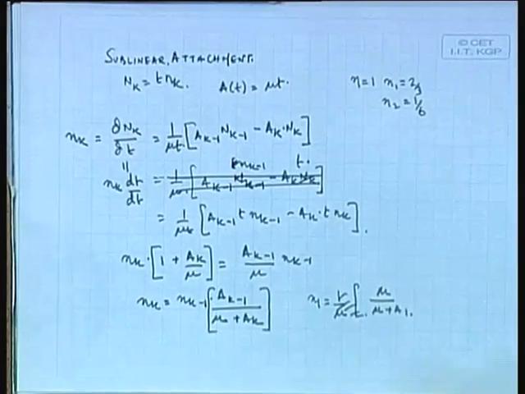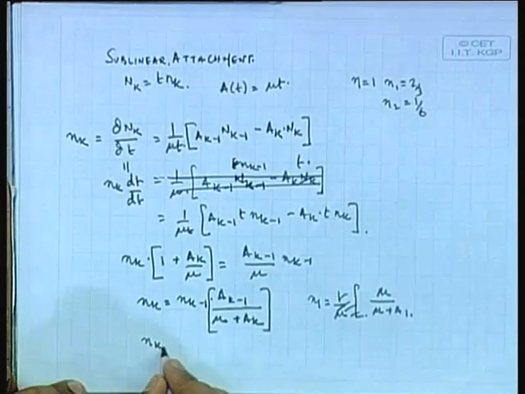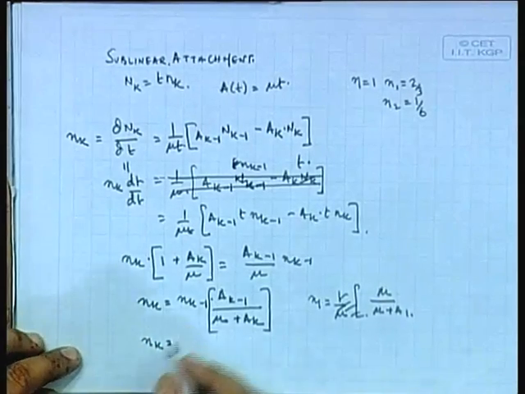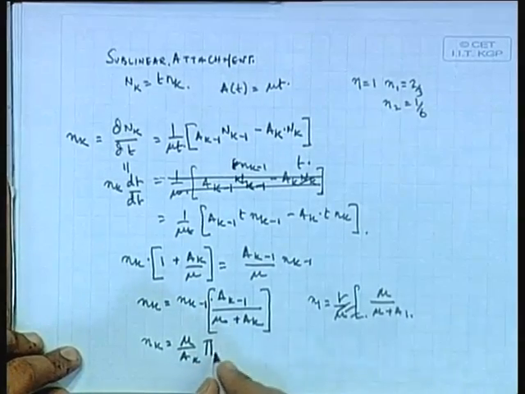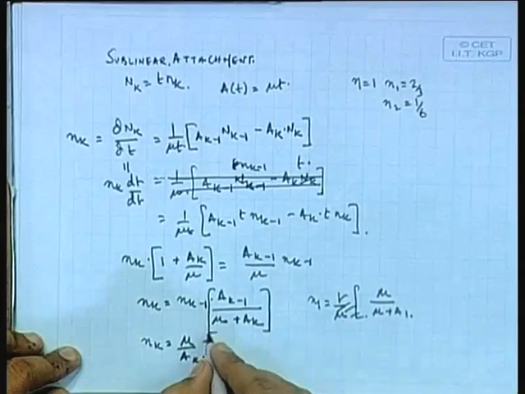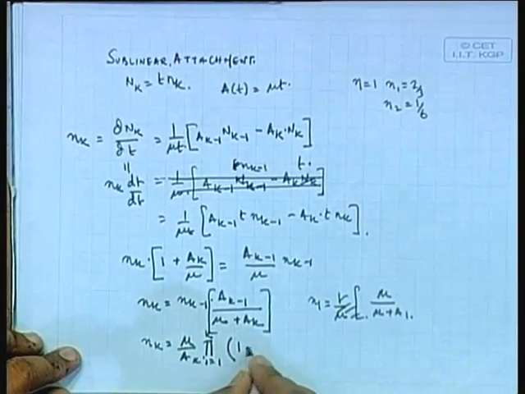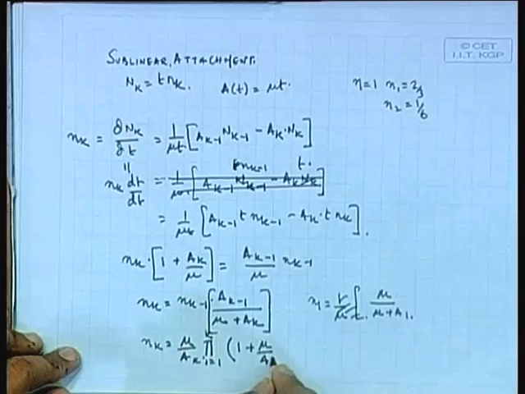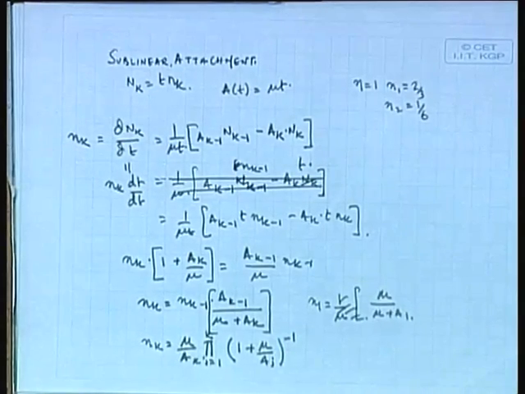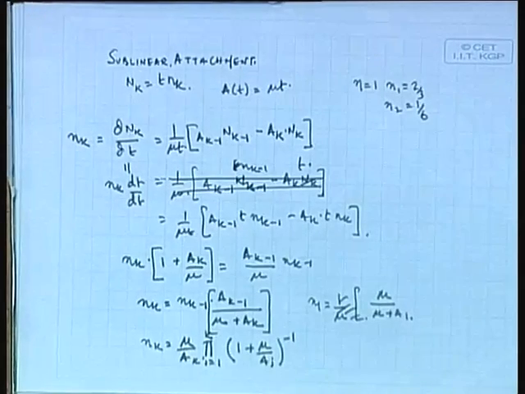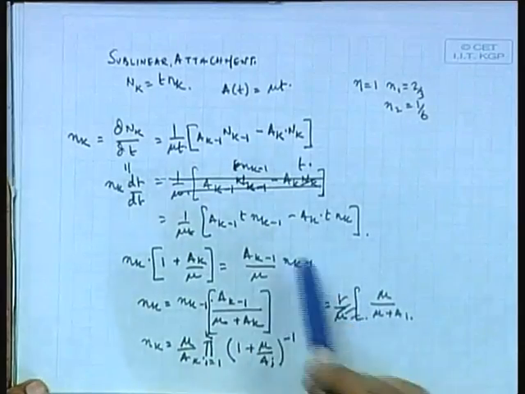So, what happens is, if you substitute suitably, you will get n_k equals to mu by a_k product over j.